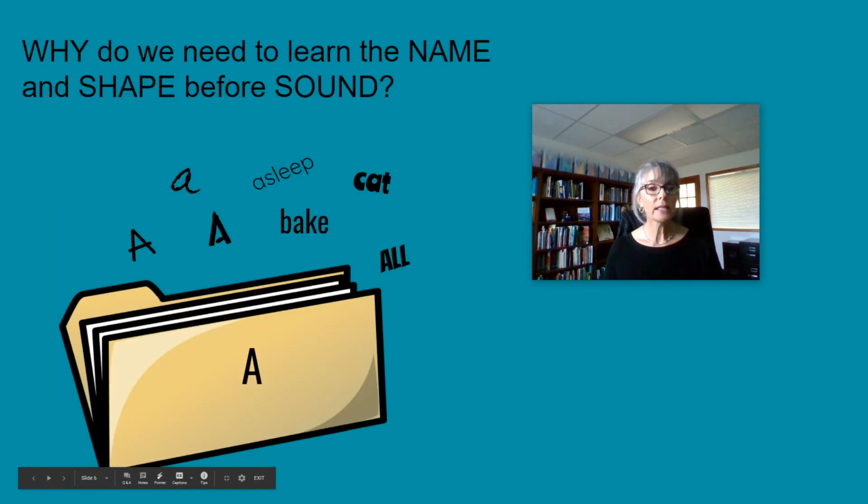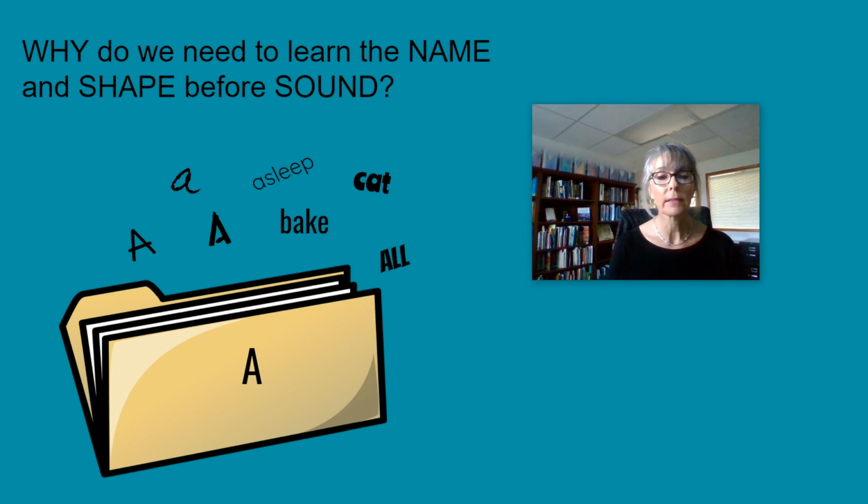So why do we teach the letter names before the letter sounds? We want to do 2 things. We want to build up their sound knowledge before we start attaching it to a symbol. The other reason is our brain loves to make categories and it loves to connect.